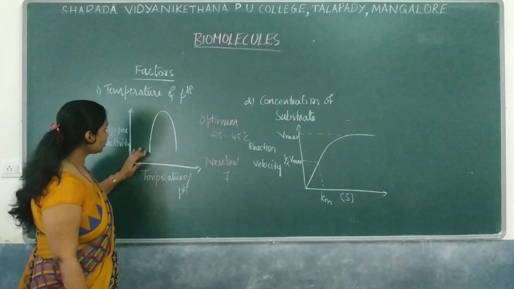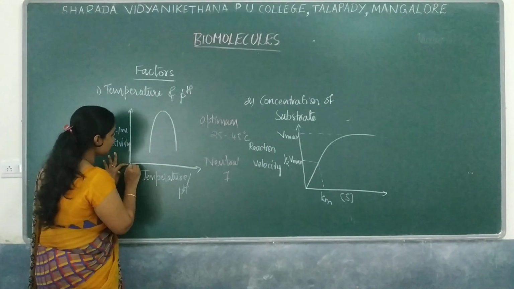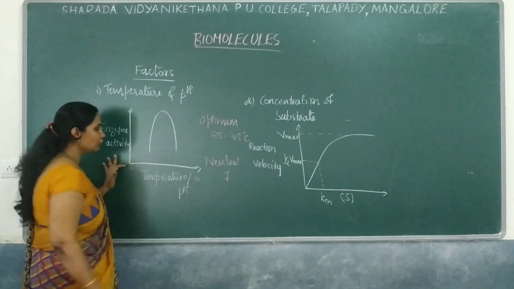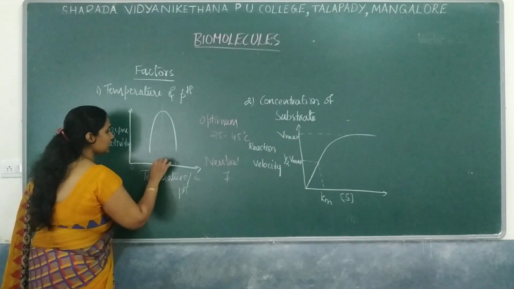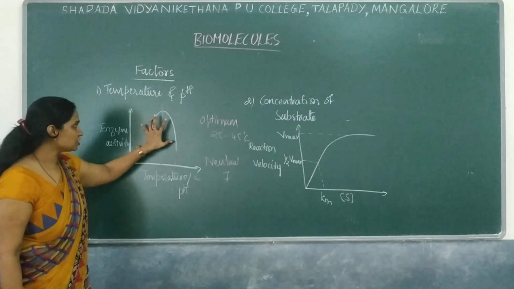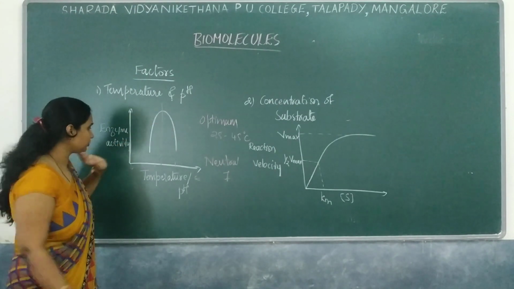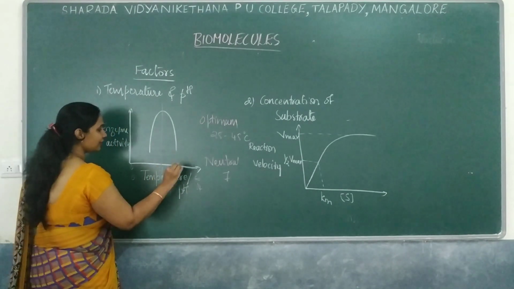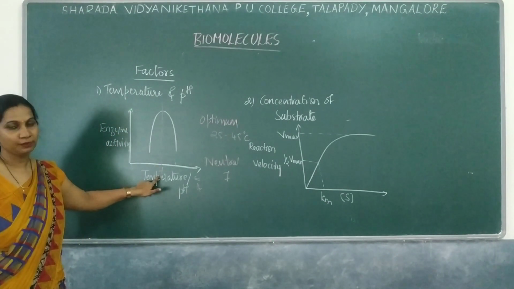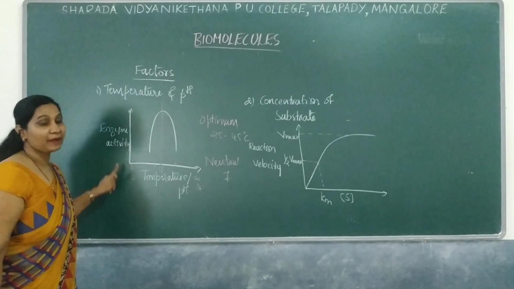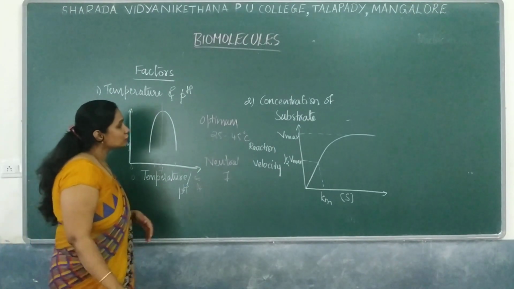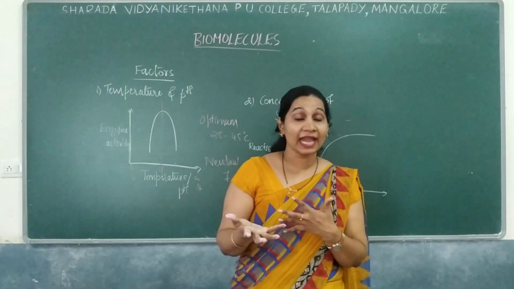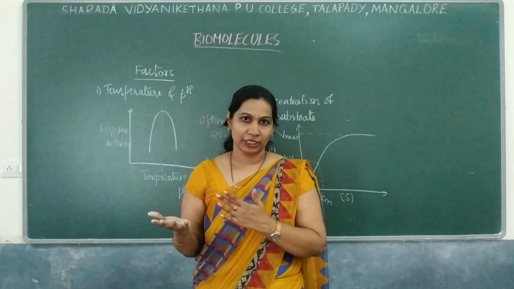Now regarding this, it shows temperature from 0 to 60. This shows the middle temperature where there is maximum action. If it is pH from 0 to 14, the middle is 7. 7 is a neutral pH at which there is maximum activity. Regarding the temperature, if the temperature is very high, enzymes will undergo denaturation.